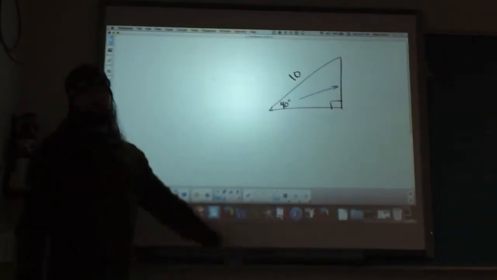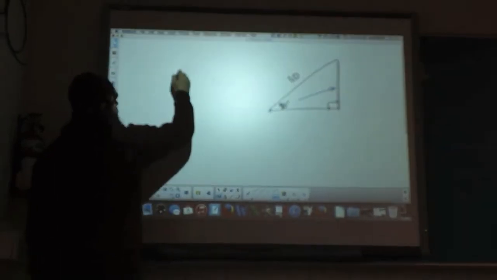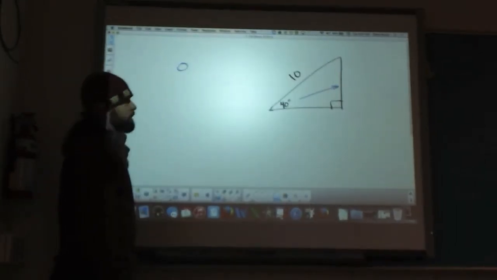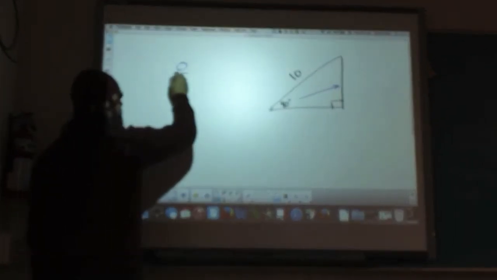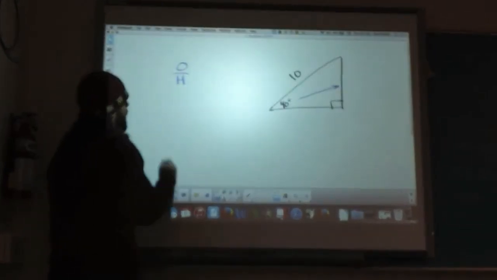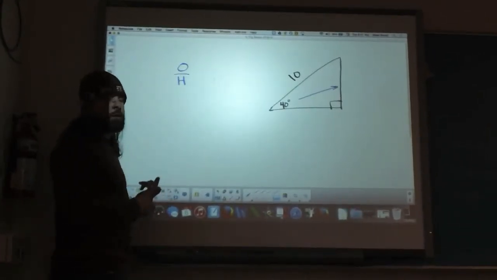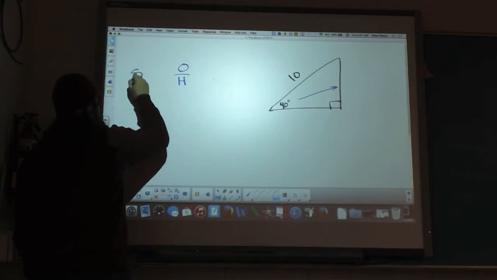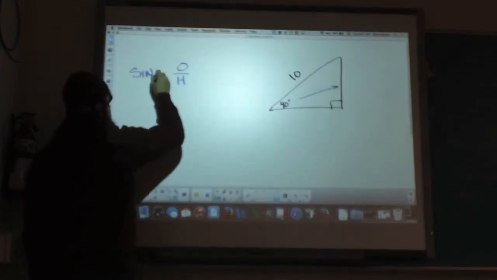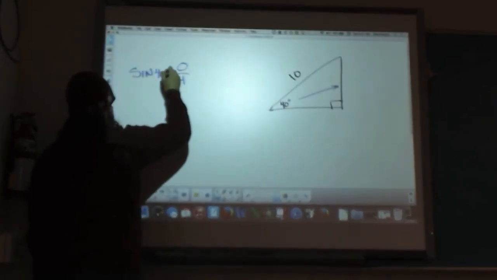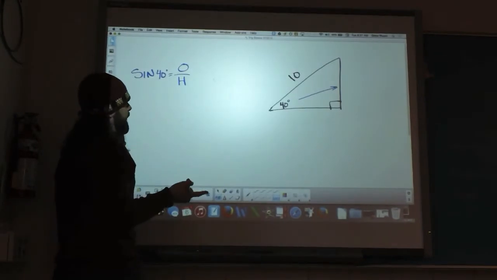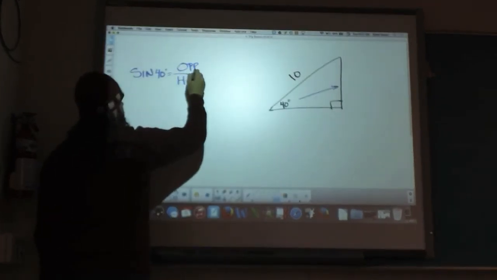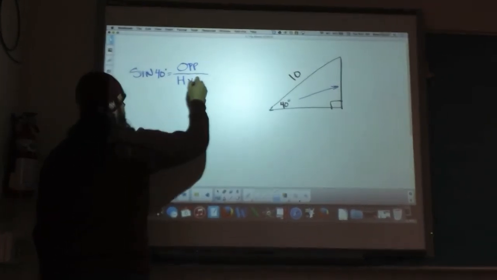That's the opposite side. So you have the hypotenuse and you want the opposite side. Opposite and hypotenuse, that's the sine. So the sine of 40 degrees will equal the opposite side over the hypotenuse of this triangle.